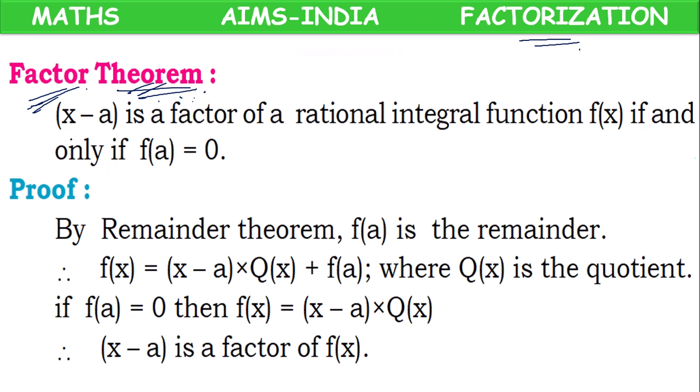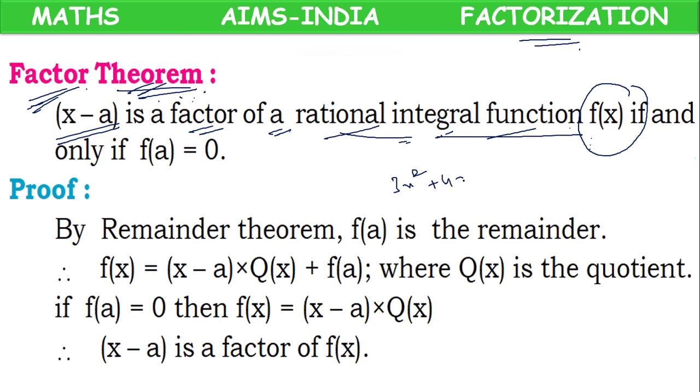Suppose x minus a is a factor of a rational integral function f of x. Don't get confused with this name, children. So here f of x is a function like 3x square plus 4x plus 3 equal to 0. Suppose this is the equation. They have named it as f of x.